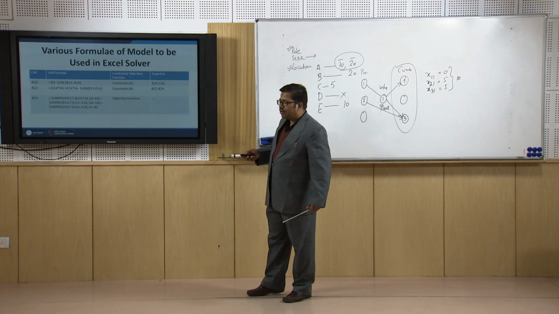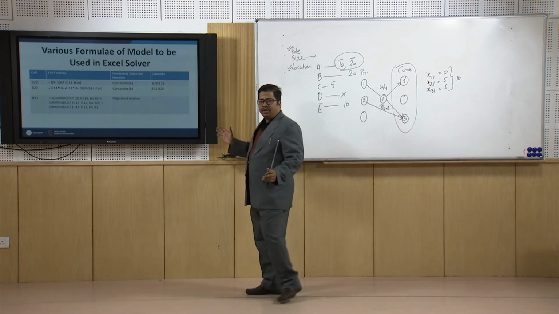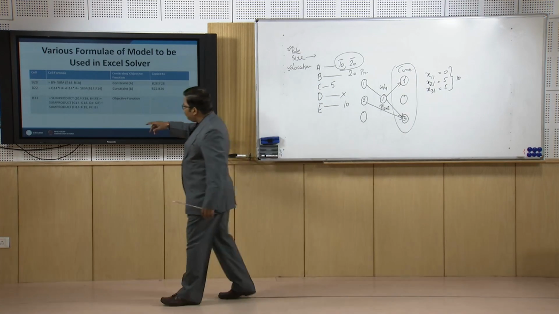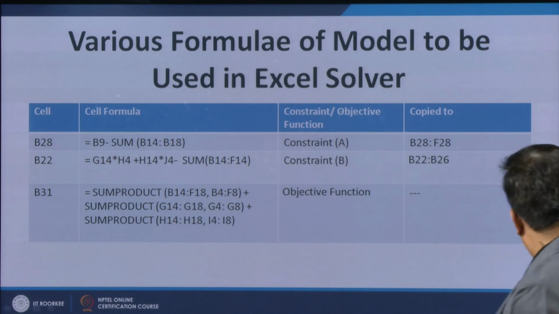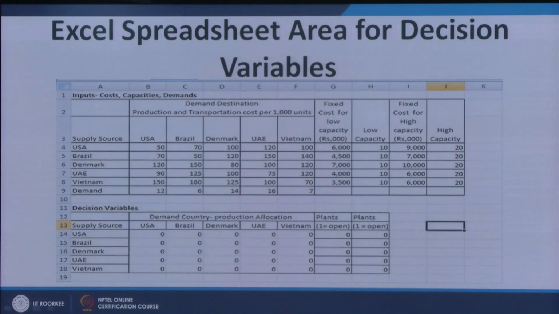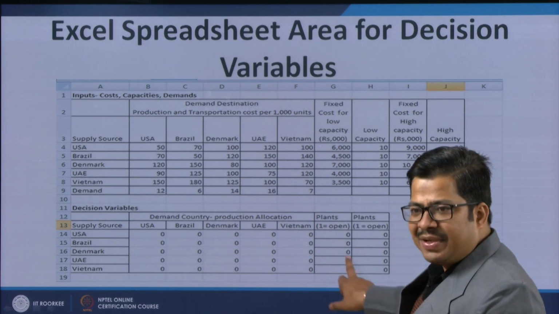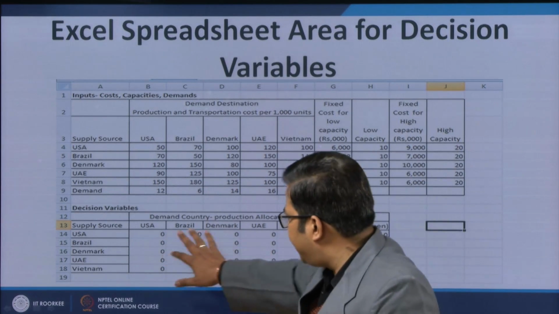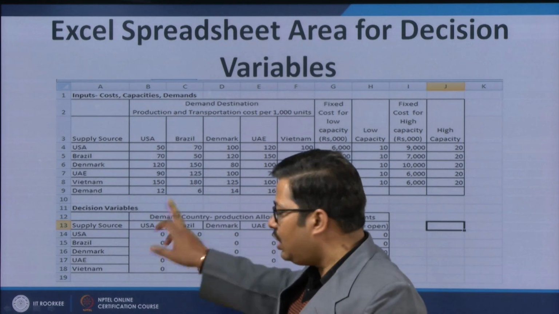Now, the objective is to minimize the overall cost, fixed as well as variable. The formula for the objective function will be as follows. These cells represent whether a plant will be there or not, and these represent the number of units to be shipped from a location to a destination.